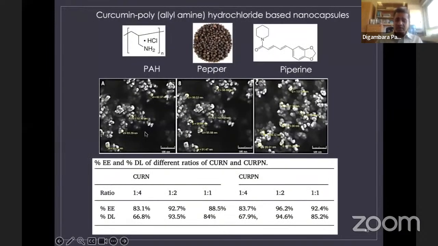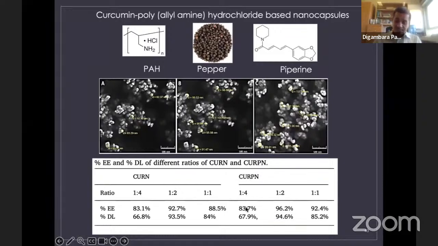So then we also did another experiment. It is quite known in traditional medicine that when you take curcumin along with pepper, black pepper, the bioavailability is very high. So we wanted to test it. So we took curcumin from the turmeric and piperine from the pepper, and we tested it, and we compared their encapsulation efficiency, drug loading, all of them improve in the presence of piperine.